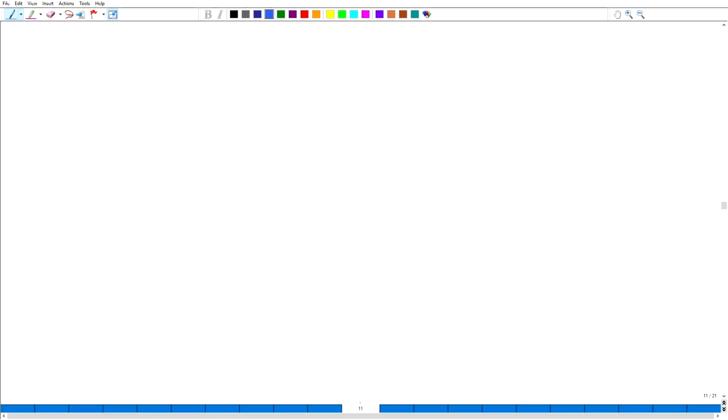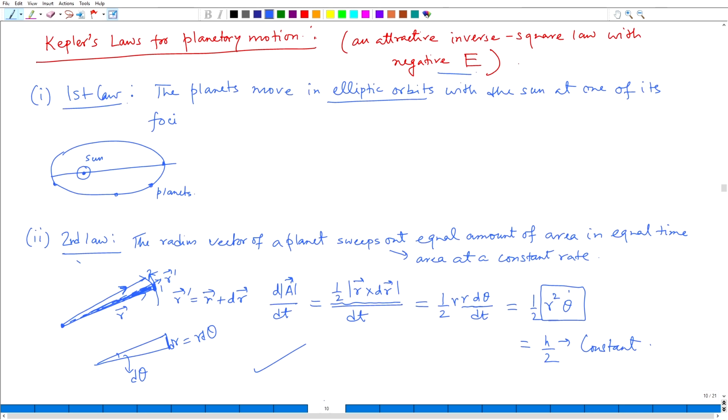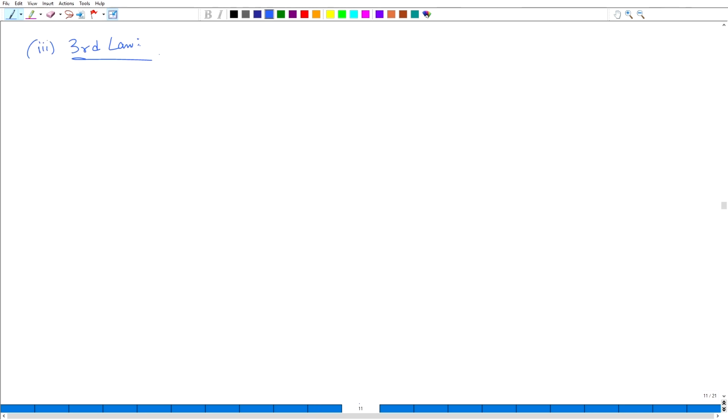The third law of Kepler is also very special for elliptic orbits. So, it simply says that, since we have used this already, dA/dt is equal to half r squared θ dot, which is nothing but h by 2 or L by 2m, the same thing.